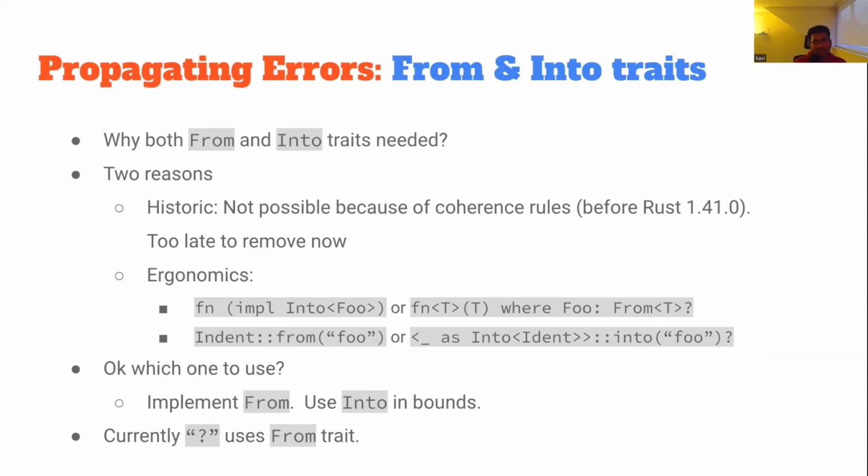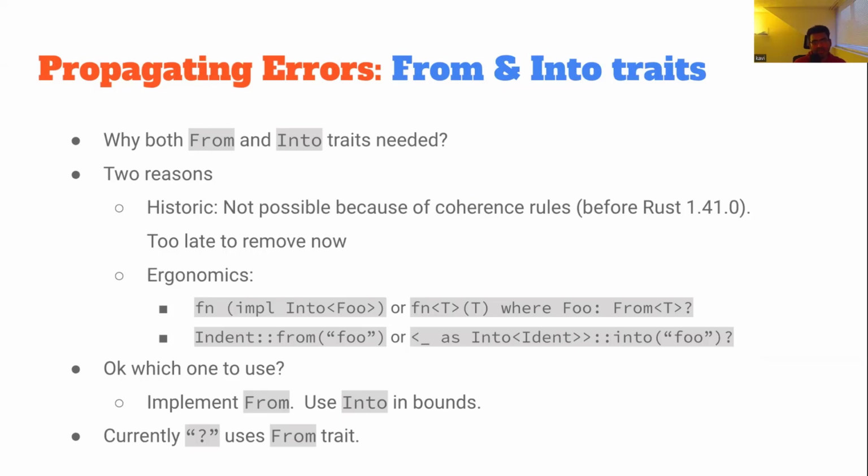So speaking of From and Into traits, Jan also puts in a note on the historical perspective of these two traits. You may be questioning, why do we need two traits? Can we just move on with just one trait, either From or Into? There are a couple of reasons, at least what Jan says.